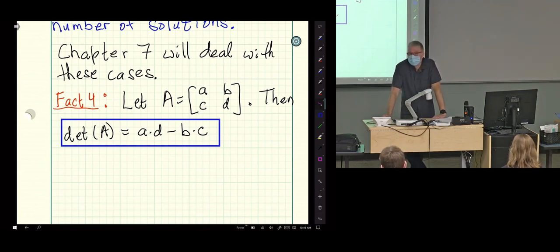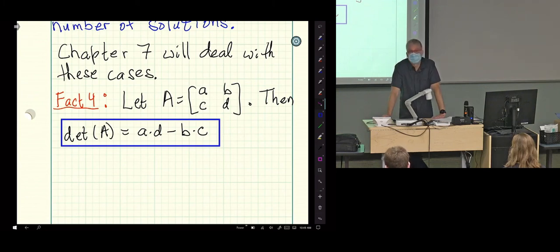Okay. And then we will understand that if we have a 50 by 50 matrix, we can write it as the product of two matrices that are triangular. And then we will know that the determinant of that 50 by 50 matrix is the product of the determinant of the first triangular matrix, whose value we can get by inspection, and the determinant of the second matrix, which is triangular, and whose determinant we can calculate by inspection.